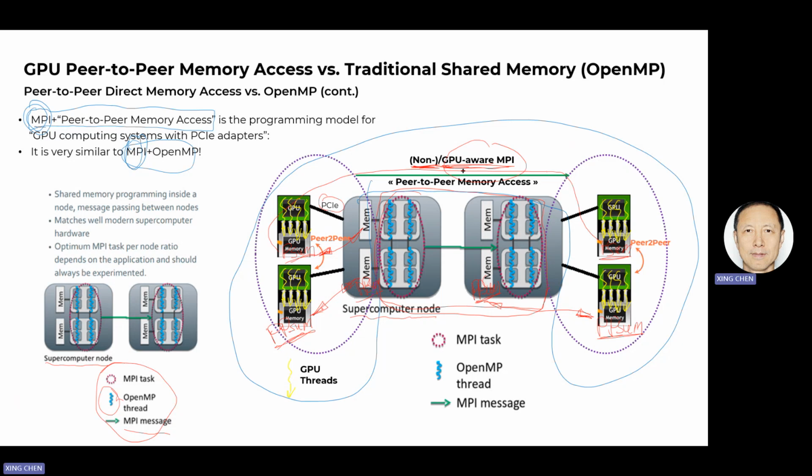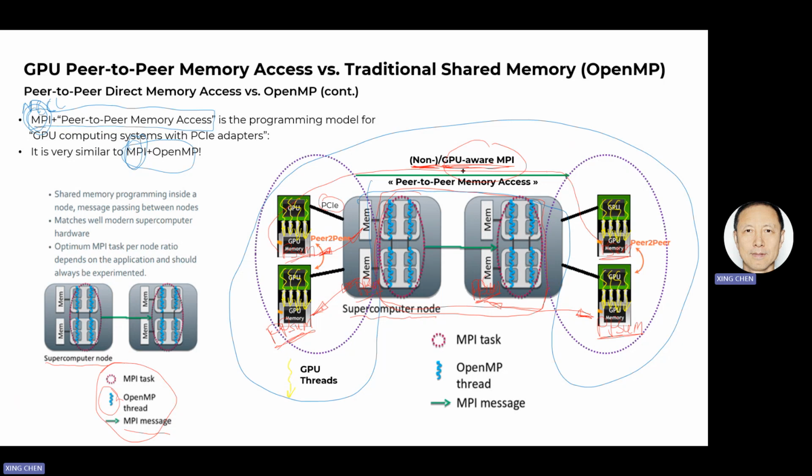Okay, now this is the starting point. Later on we are going to find out that it is going to get more and more complicated, and this MPI is going to be replaced by NCCL, and you are going to have a more complicated mix of programming models. But anyway, we are going to discuss all this in the next section.